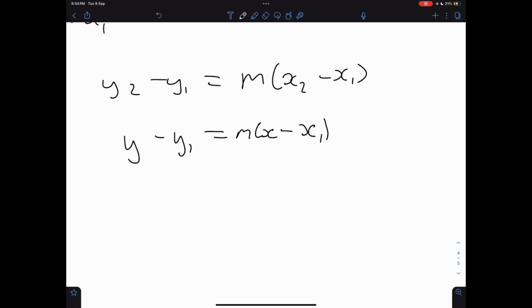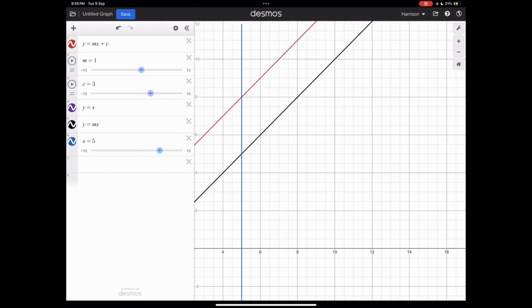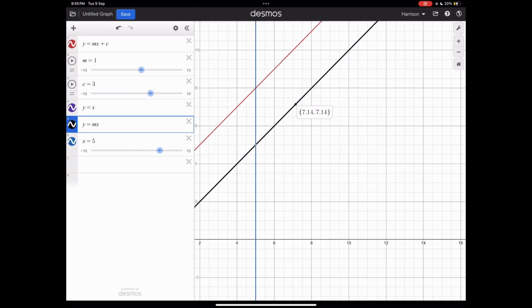Then you can substitute the coordinates of that point in there, and if you have the gradient, then you've got your line. Because if you've got a point on here and you know the gradient, there can only be one line that it can be.